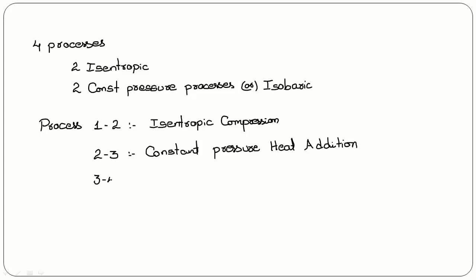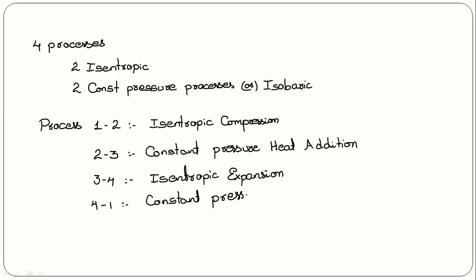Process 3 to 4 is isentropic expansion, and process 4 to 1 is constant pressure heat rejection. So these are the 4 different processes that we come across here.